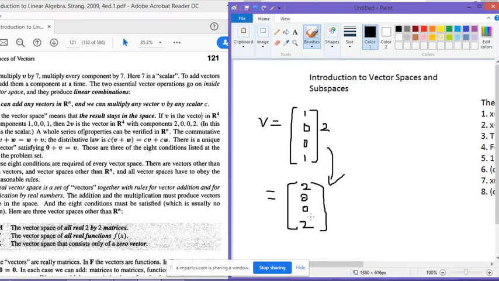So then it is fine. It means it satisfies the rules of vectors. So a whole series of properties is verified.